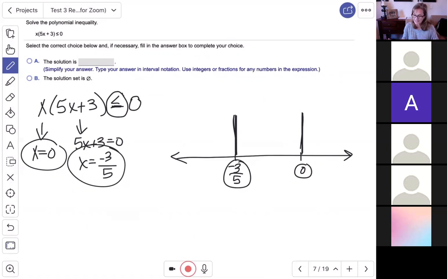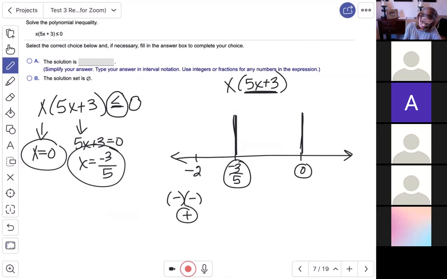So, okay, let's test again. I'm going to recopy. This is what I'm plugging into. Okay, so let's start over here. Something less than -3/5. So we could pick -1 or -2. If you plug it in, for x you get -2. And then 5 times -2, I'm plugging in right here. 5 times -2 is -10 plus 3 is still negative. Right? So negative times negative is positive.